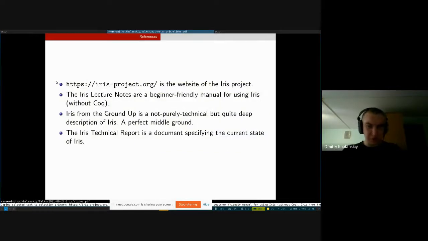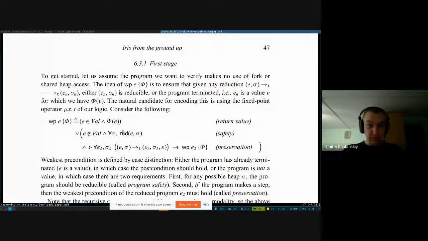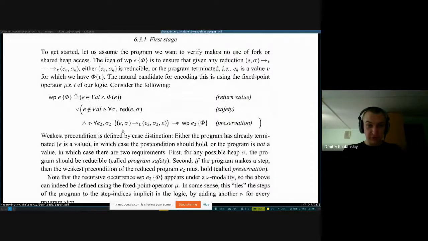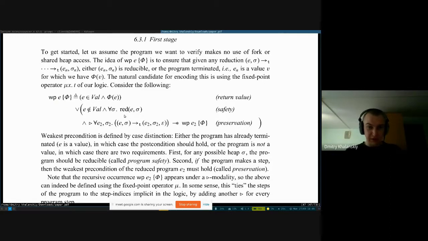It was enough for me. So let's move to the official documentation. The point of which is really just to show you how simple this definition of the weakest precondition is internally, and how little is actually required to be able to support another language.